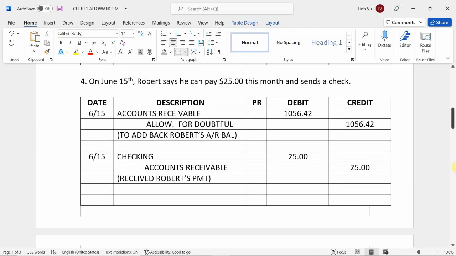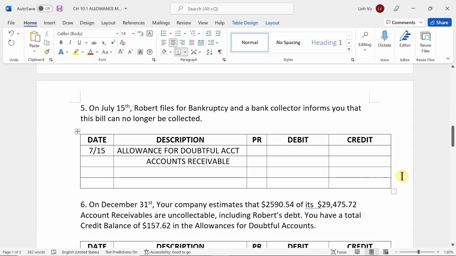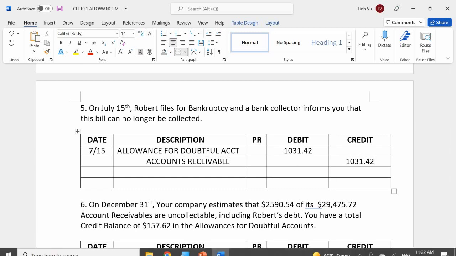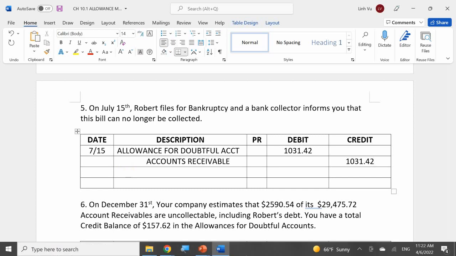We minus 156, minus 1000, $1,031.42. Good. And once again, to remove Robert's accounts receivable balance. Okay.